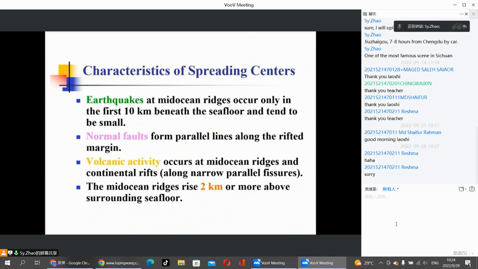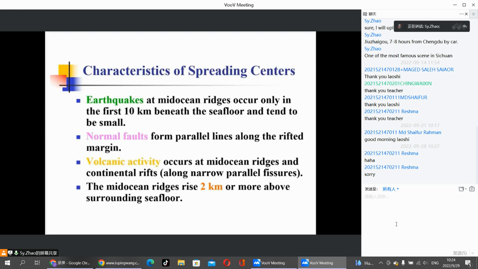Next, let's move to the characteristics of spreading centers. The earthquakes at the mid-ocean ridges occur only in the first 10 kilometers beneath the seafloor and tend to be small.